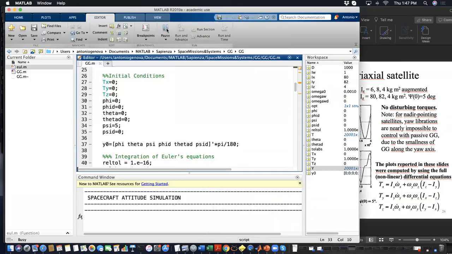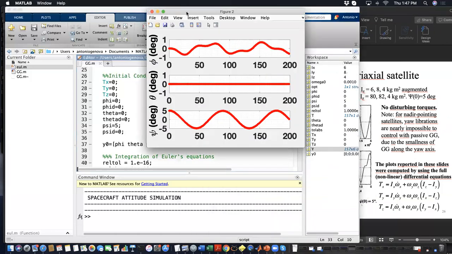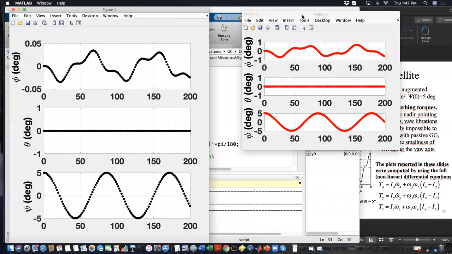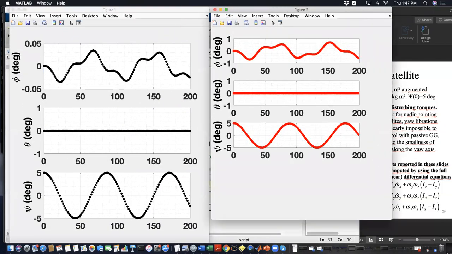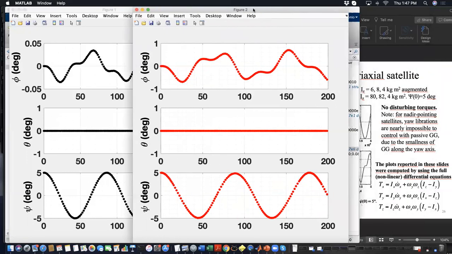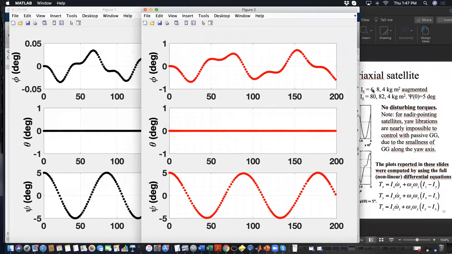Because as you can see from the plot on your right side, the red plot is using the moment of inertia Ix, so 6, 8, and 4.